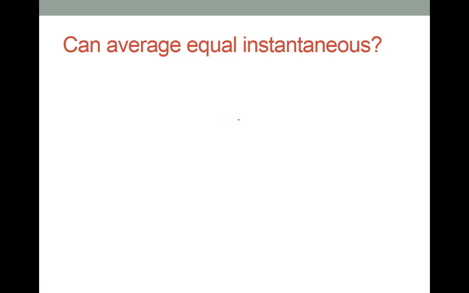Okay. Can your average velocity equal your instantaneous velocity? Sure. Why not? What does it take to get your average velocity to equal your instantaneous velocity? Well, the first thing is you have to have a constant direction.